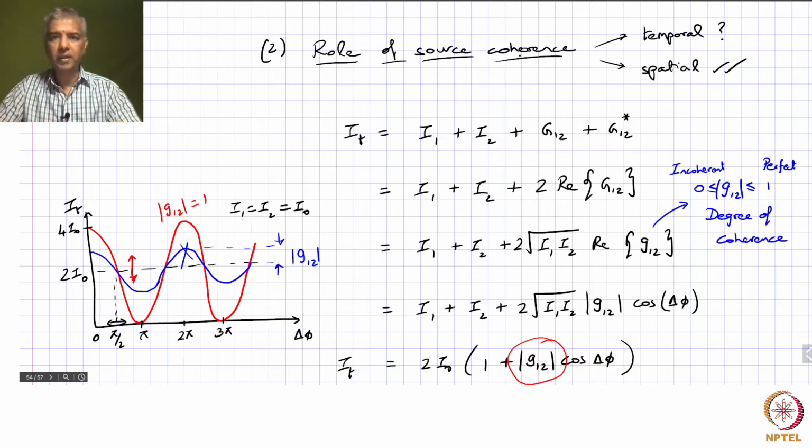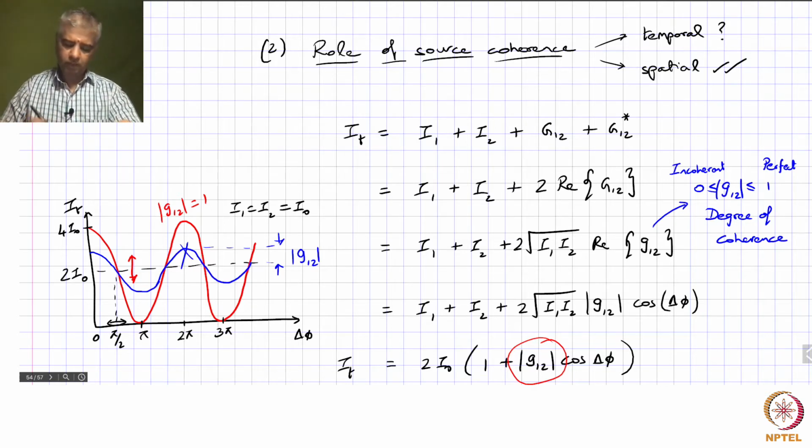If you had high coherence, for example perfectly coherent light, that's when you get the best fringe visibility. So you go to a maximum, which corresponds to 4 times I0 if I1 equals I2 equals I0, and then you go to a minimum which is 0, perfect cancellation, when the phase difference is pi, right? And that is valid only when G12 equals 1.